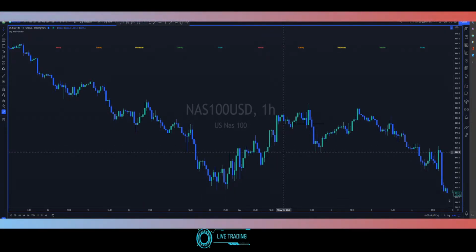It looks like it wants to drop into this order block here, but it fails to drop into the order block.